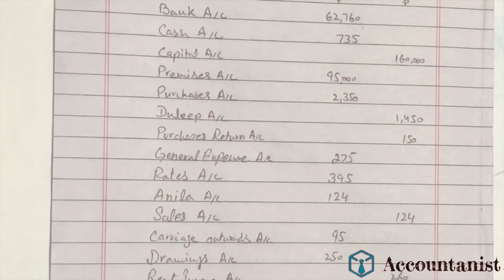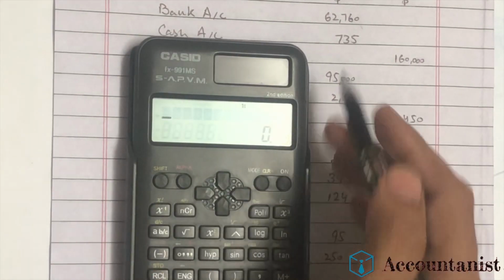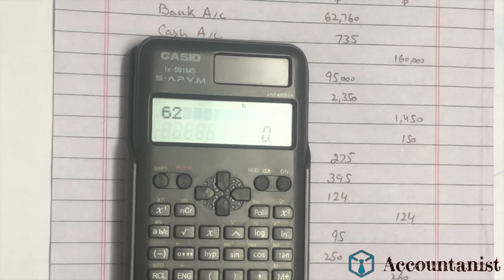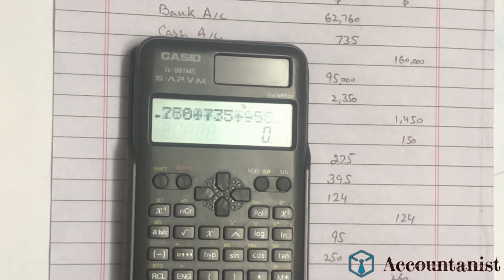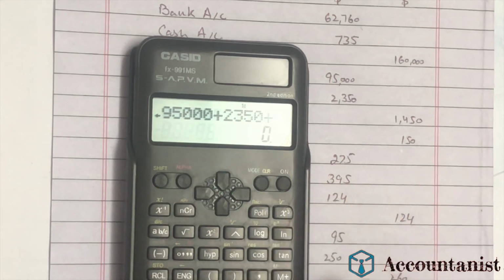Now it's time to calculate the debit side total. So we have here 62,760 plus 735 plus 95,000 plus 2350 plus I have this 275.